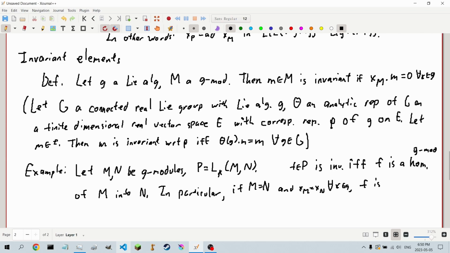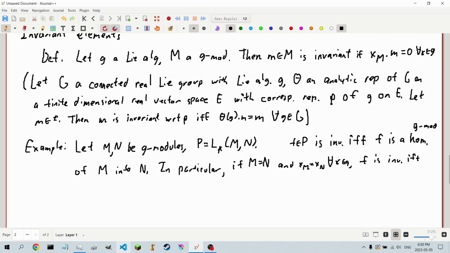F is invariant if f composed with xM equals xM composed with f for all x in G. Alright, we've got 3 examples.